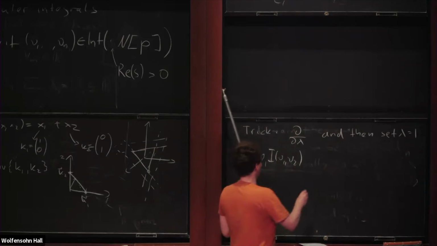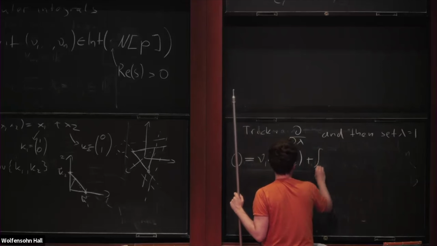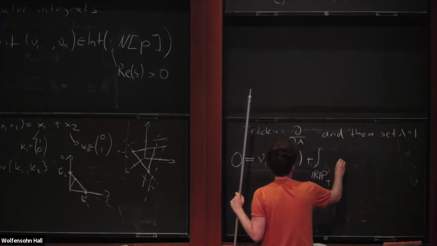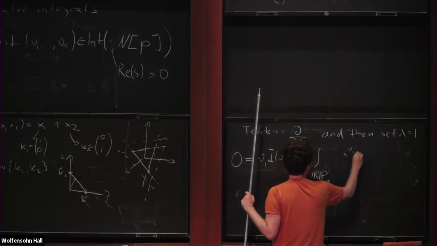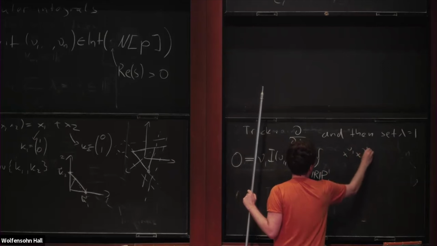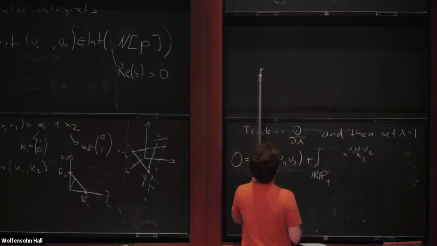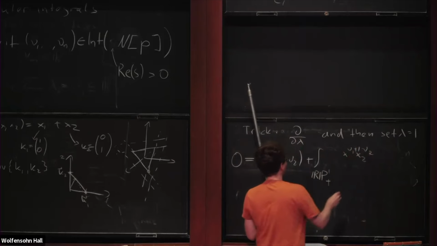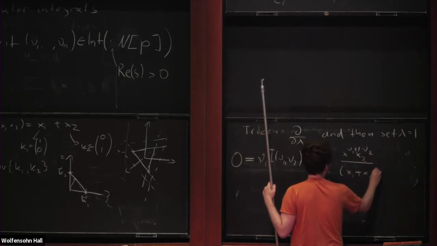For the second term, it's slightly more complicated, but of course you also all know what happens. We are getting an extra factor of x1 out of this denominator, and we have to raise the denominator power by 1.